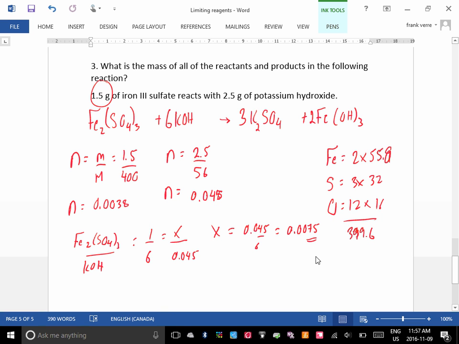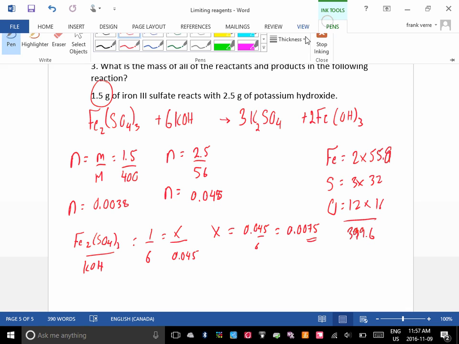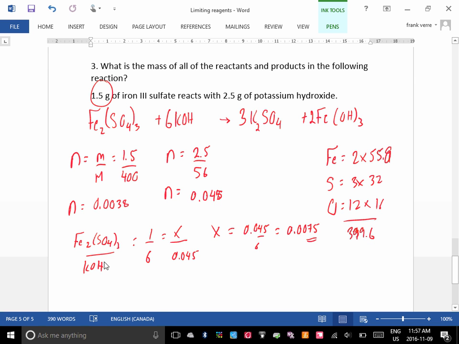So, do we have enough of that? No. So then what is the limiting reactant or reagent? Yep, this is the limiting reagent. We have 0.0038 moles. We need 0.0075. We don't have enough of it, so that's the limiting reagent.